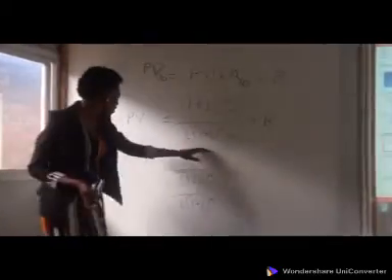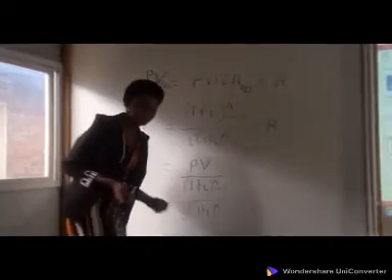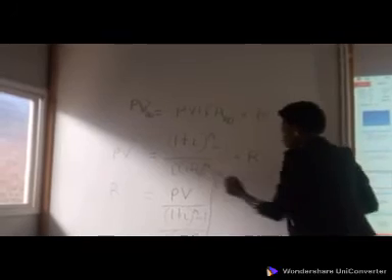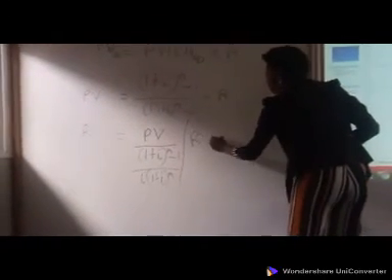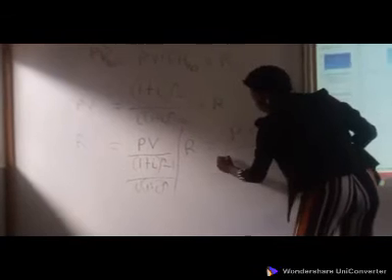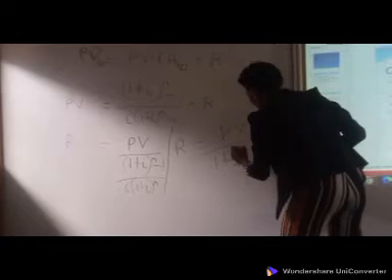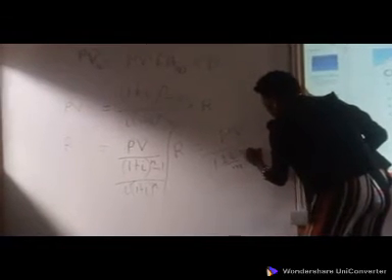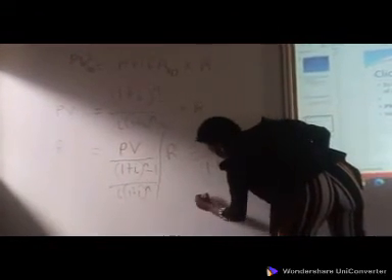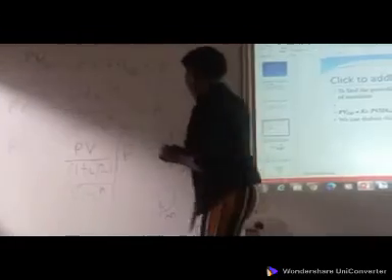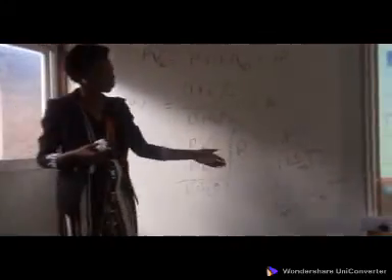So let me rewrite this next to the previous one. It becomes R is equal to PV over (1 + i/m)^(nm) - 1 all over i/m (1 + i/m)^(nm). This is when we are compounding more than once.